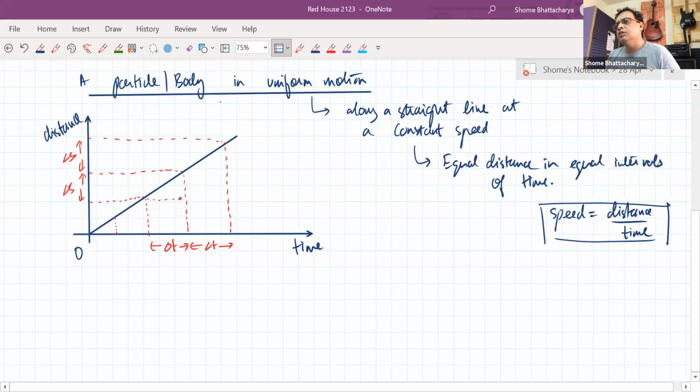Because the speed is uniform. So you can see that this angle is equal to this angle, which is equal to this angle. So in other words, if we look at the distance versus time graph, because the speed is uniform, uniform speed implies that the distance time graph is a straight line.